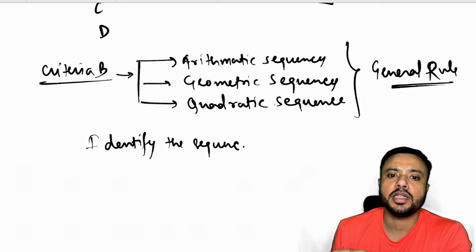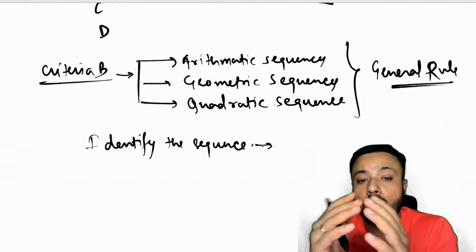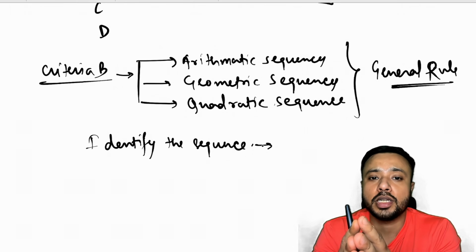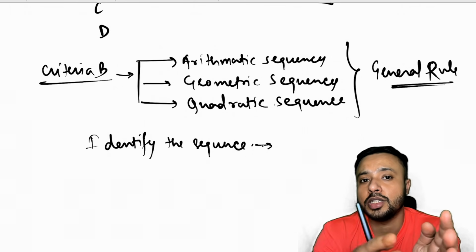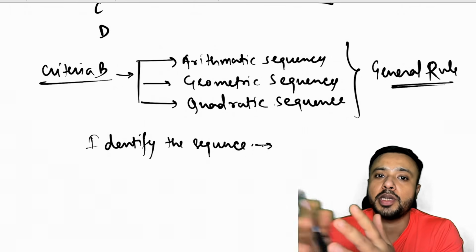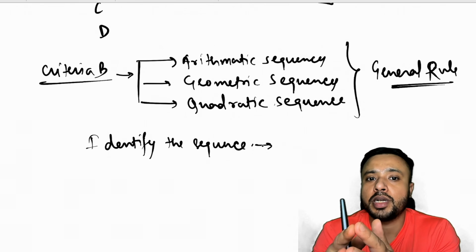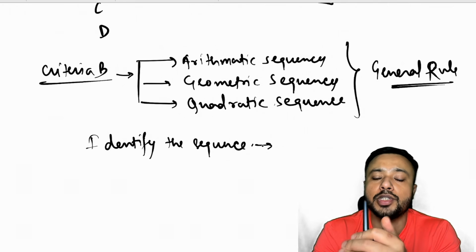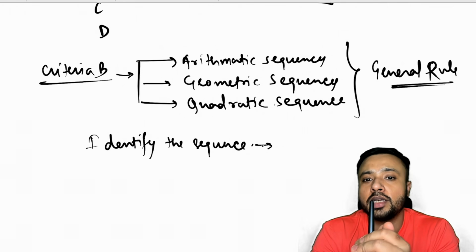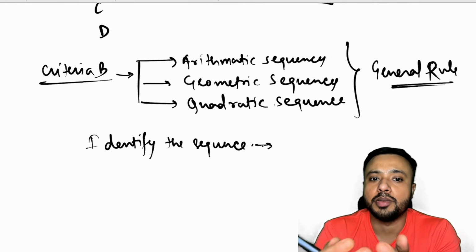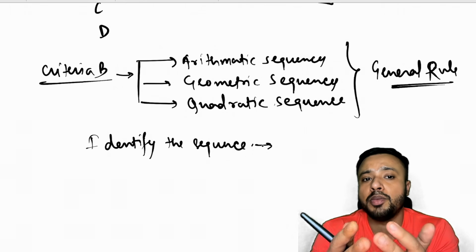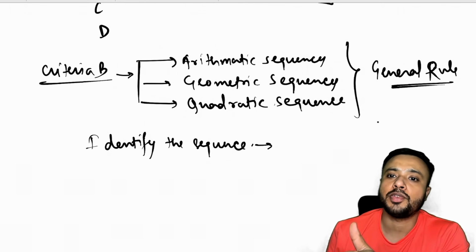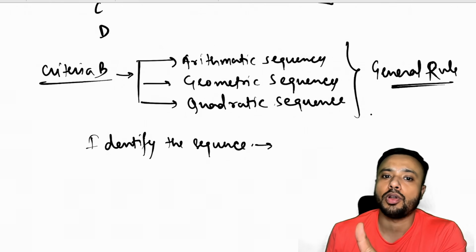If it is an arithmetic sequence, the consecutive terms are being added or subtracted by the same number. With geometric sequences, the consecutive terms are found by multiplying or dividing by the same number, which is called the common ratio. In quadratic sequences, the second difference is the same. So identifying the sequences is extremely important, guys. You should know how to identify the sequences and figure out their general rule.